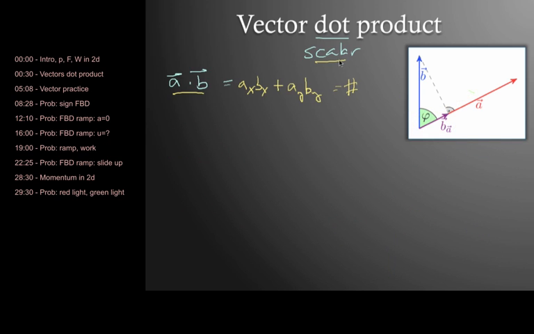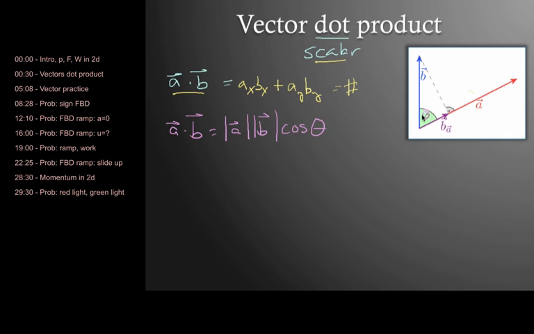So the other important thing about this scalar product is that there's two different ways to calculate it. This is one where we multiply the x components together and the y components together, and then it gave us this projection piece. But there's another way to calculate this, and that's A dot B is equal to the magnitude of A times the magnitude of B times the cosine of the angle between them.